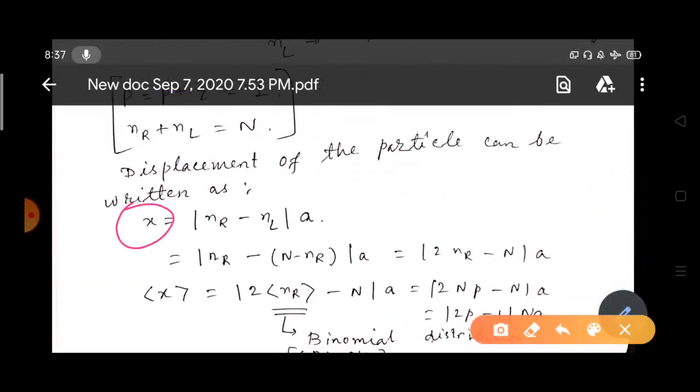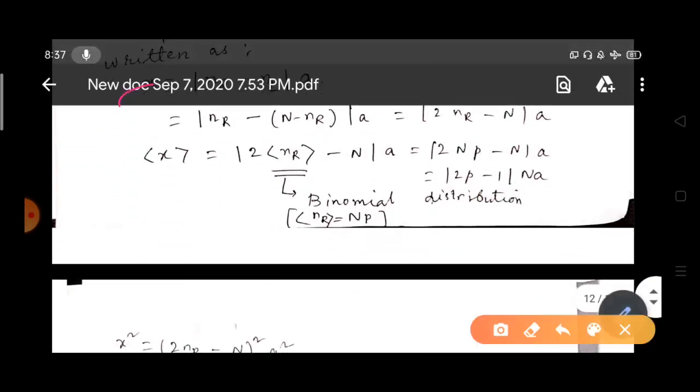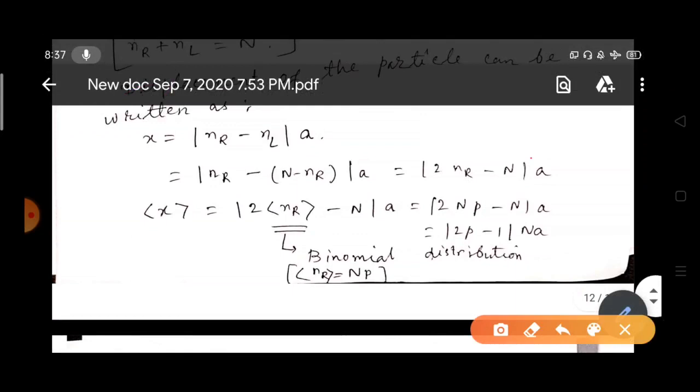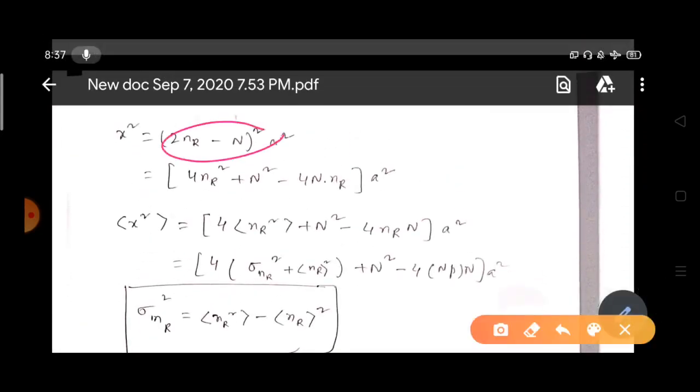Now for the x square, this is our x value. First we have to take x average, then we will take the x square average. So for that we have to find out the x square value. So we do the square of this quantity, (2 nr minus n) into a whole square. So we get it as 4 nr square plus n square minus 4 n nr, into a square.